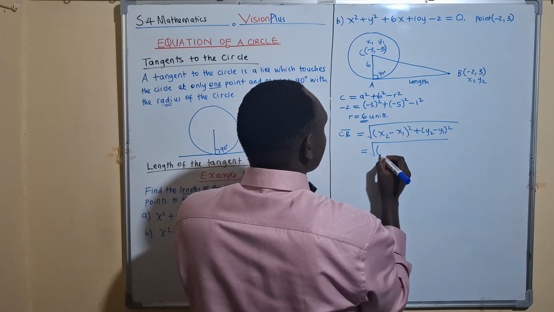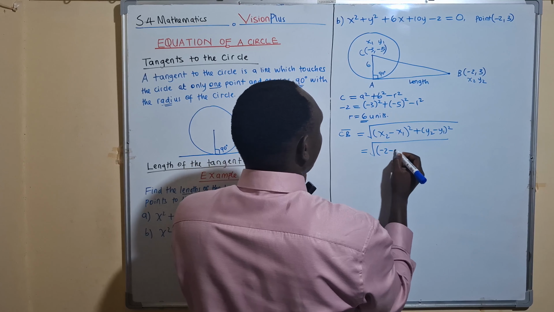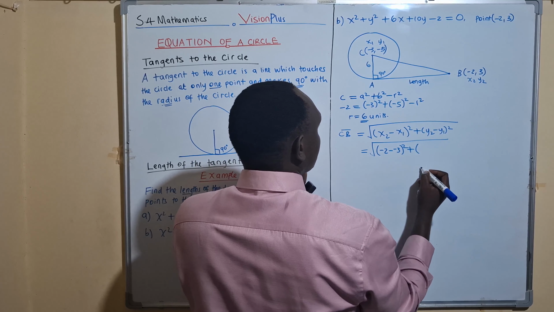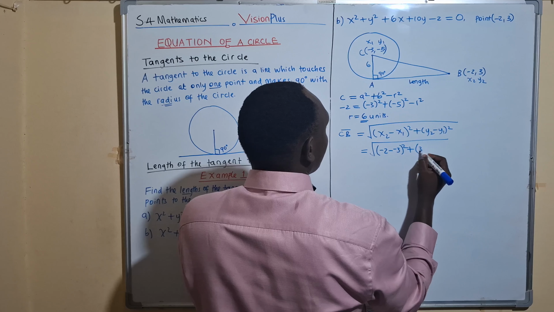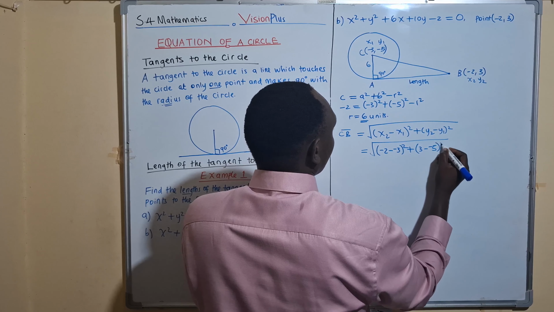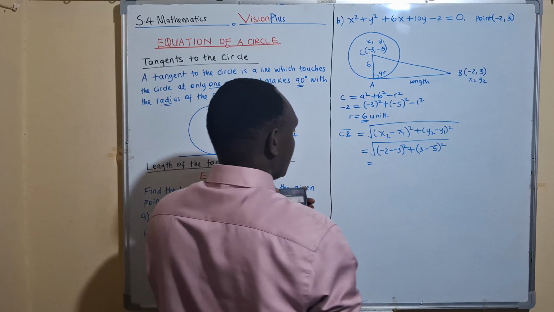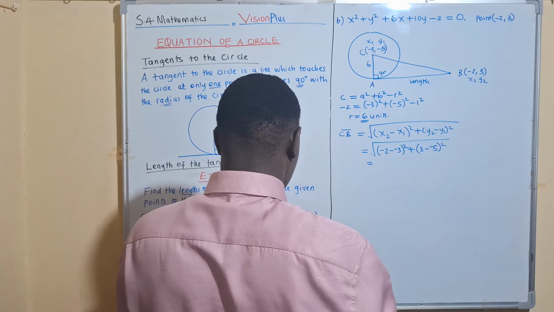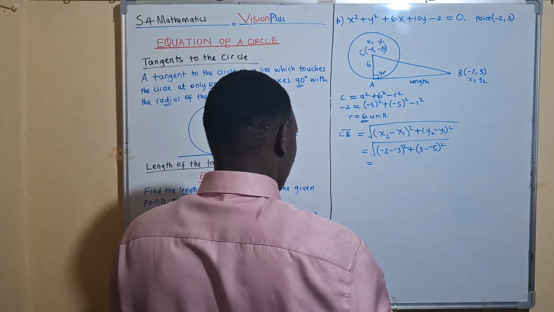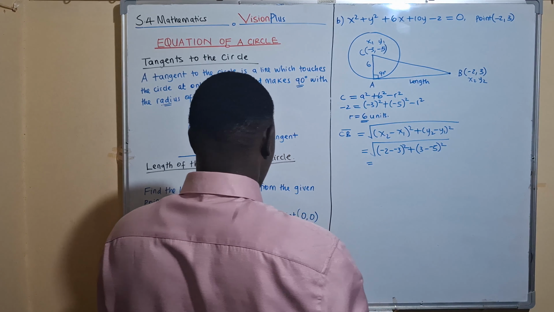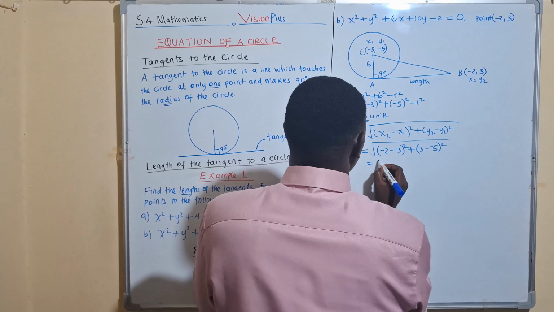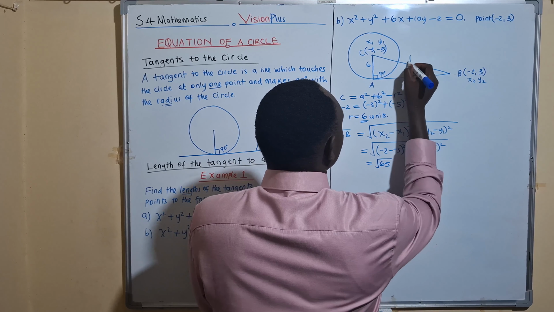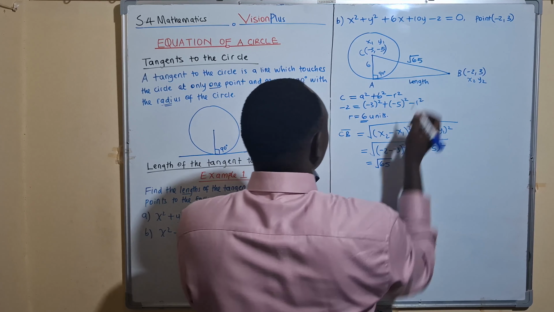We substitute: x2 is negative 2 minus negative 3, squared, plus y2 is 3 minus negative 5, squared, and then you press the calculator. So I'm getting CB as root of 65.